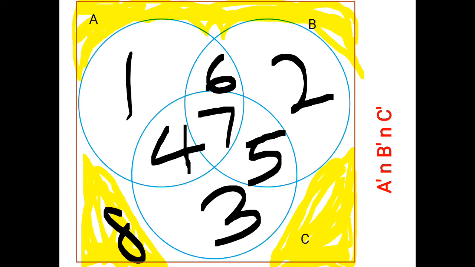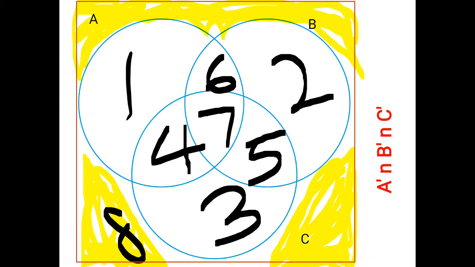So because region 8 is not found in any of the 3 circles, each one of them gets a complement. So region 8, where I've shaded with yellow, is A complement, meaning it is not found in circle A. Is B complement, meaning we don't find it in circle B. And then C complement, meaning it is not found in circle C.